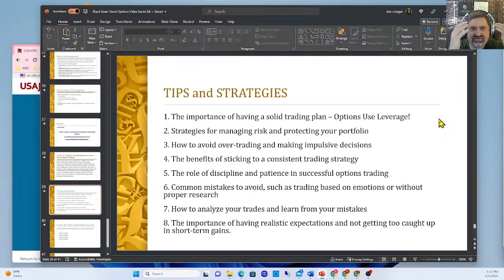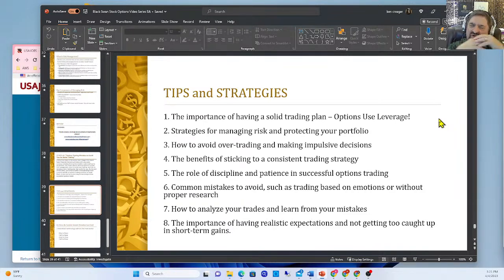So you have to be careful and don't overtrade and don't make impulsive decisions, right? You're seeing the movement of a stock or an investment or whatever. Before you do a trade, you need to understand why you're doing a trade, and you need to understand when you're going to get out, okay? So avoid overtrading and making impulsive decisions, and stick with your strategy.